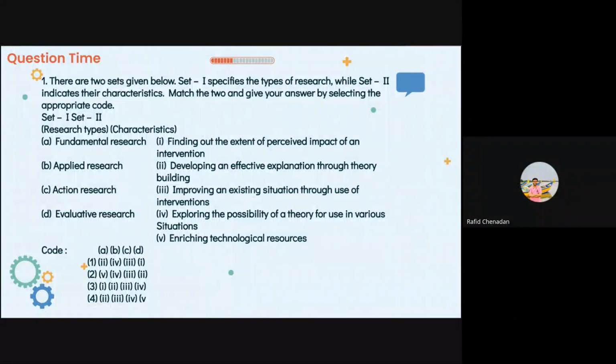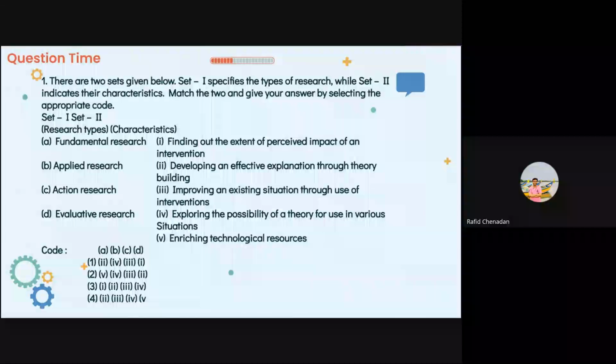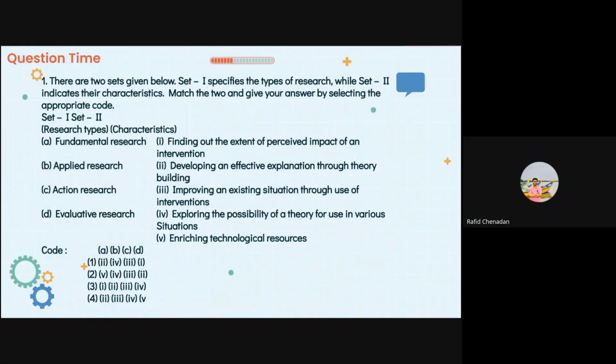And the confusing option might be action research. You might be confused, like what is an action in research, right? So the action research is improving an existing situation through use of intervention. We'll talk about these categories in detail later. In an action research, you are acting on a situation. Now you have a problem and you have to act immediately.